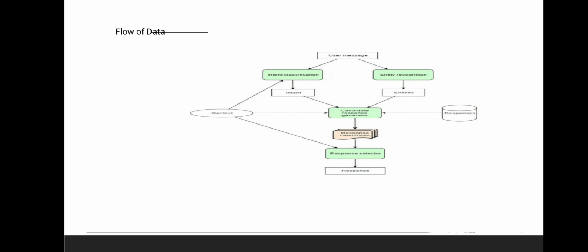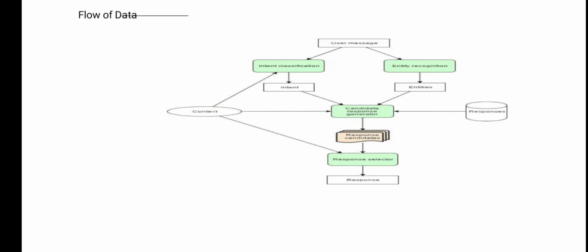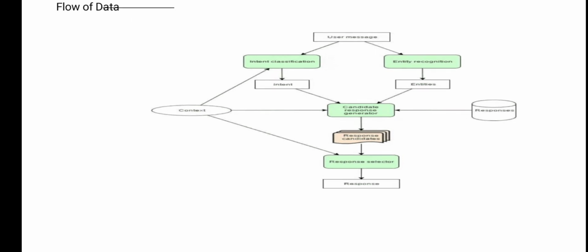The actual flow of data in a chatbot: let's consider a user going to interact with a chatbot. The user is a source of query, which gives a query to our chatbot. After that, the chatbot understands what the user actually wants.